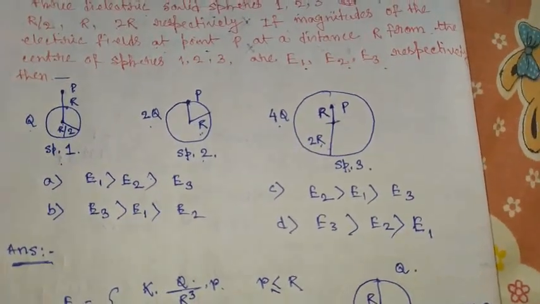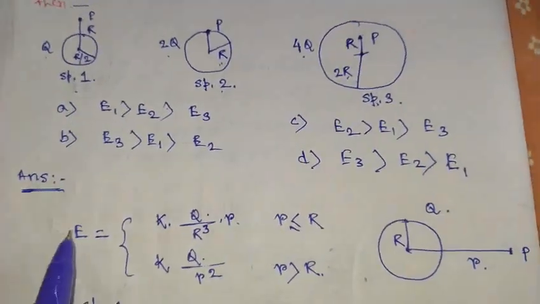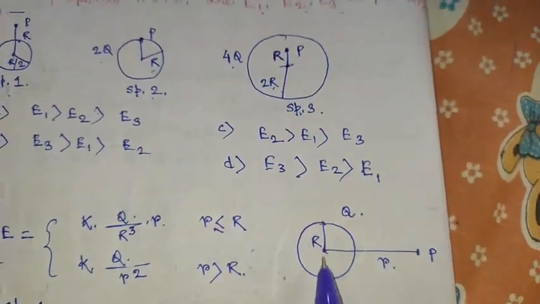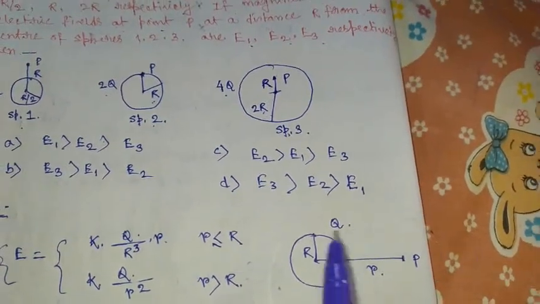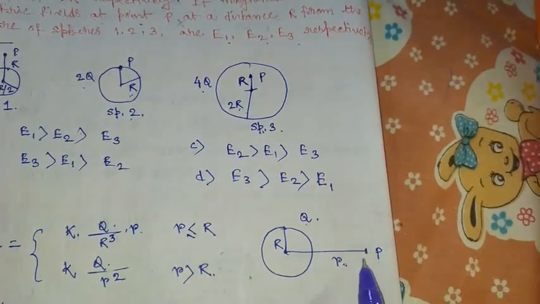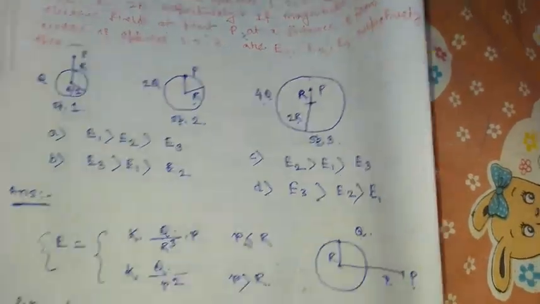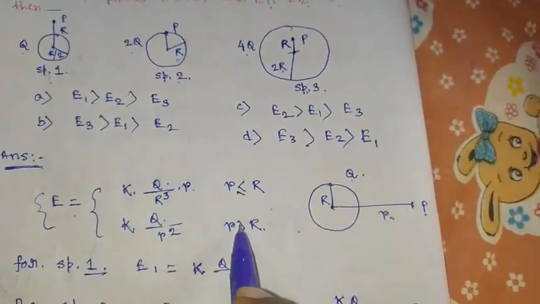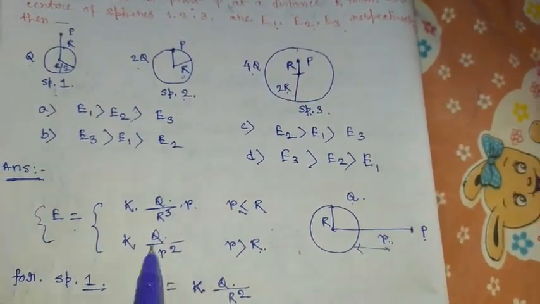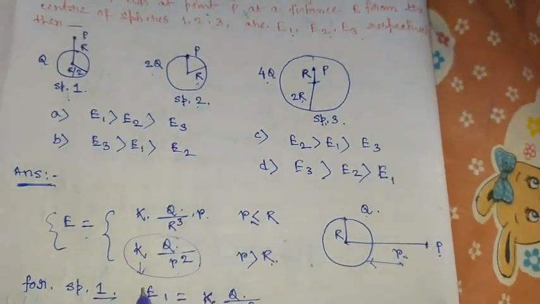Okay, let's solve. To solve this question, we have to know a relation. When a solid sphere of radius R has charge Q and a point P is taken at a distance r, then the electric field E in the region r greater than R, that is outside this sphere, is given by the normal relation kQ by r square, where k is 1 by 4 pi epsilon naught.